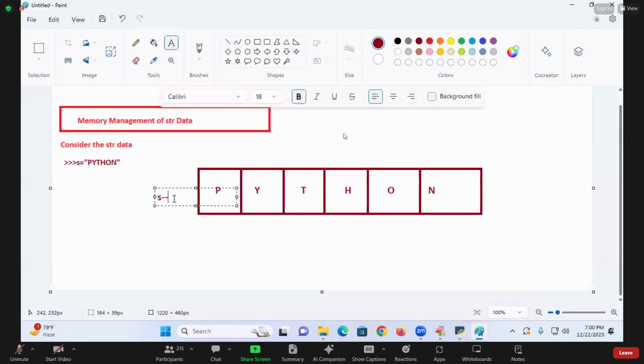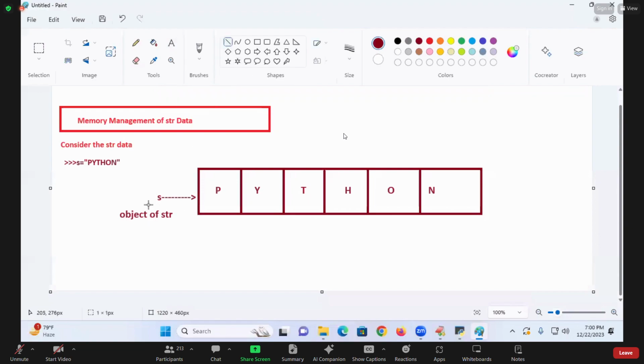What is S? An object. Object of what? str.